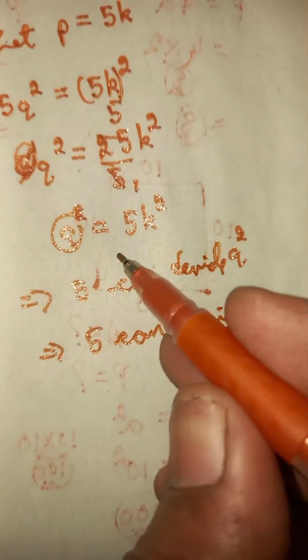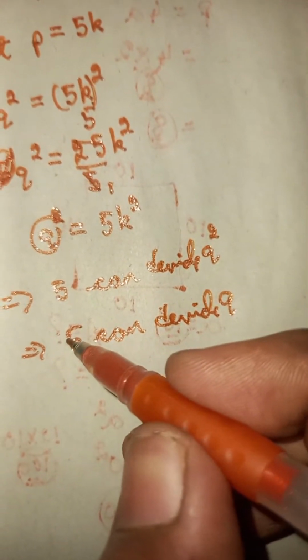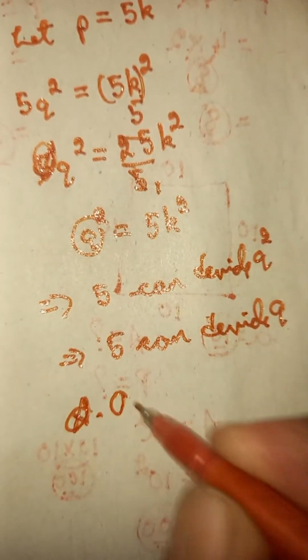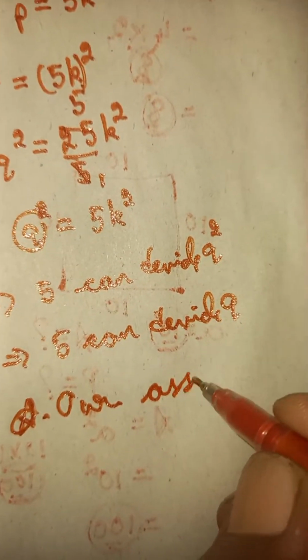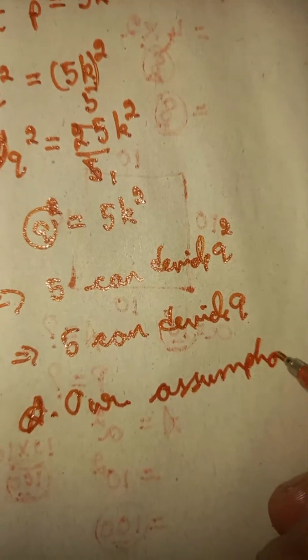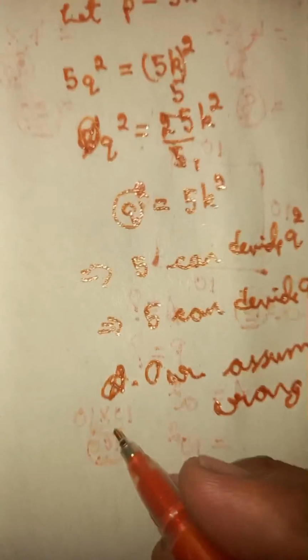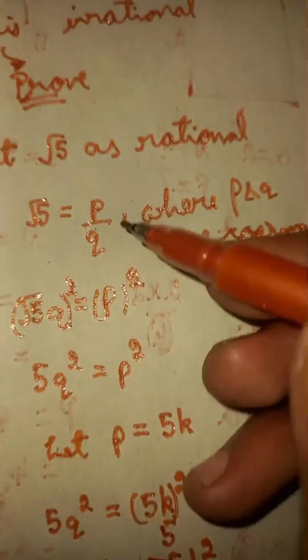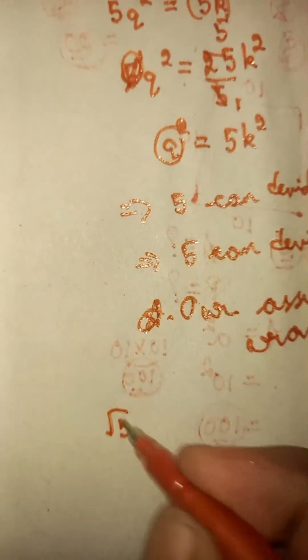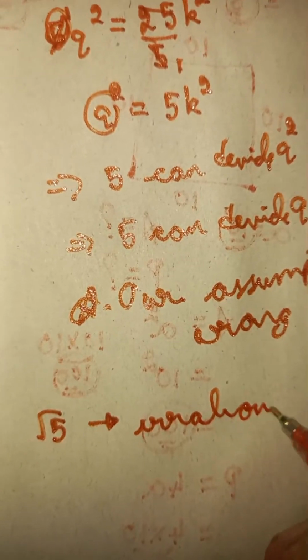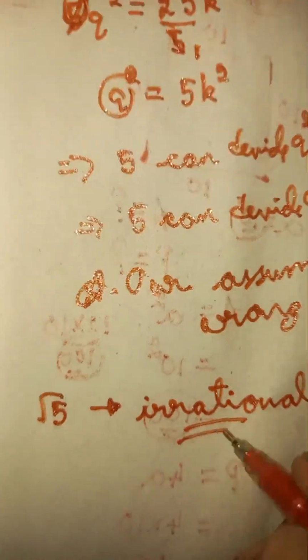Now, our assumption was that p and q are coprimes, but this is a contradiction. Our assumption is wrong. So our assumption that root 5 is rational is also wrong. That is, root 5 is an irrational number. That is the actual proof.